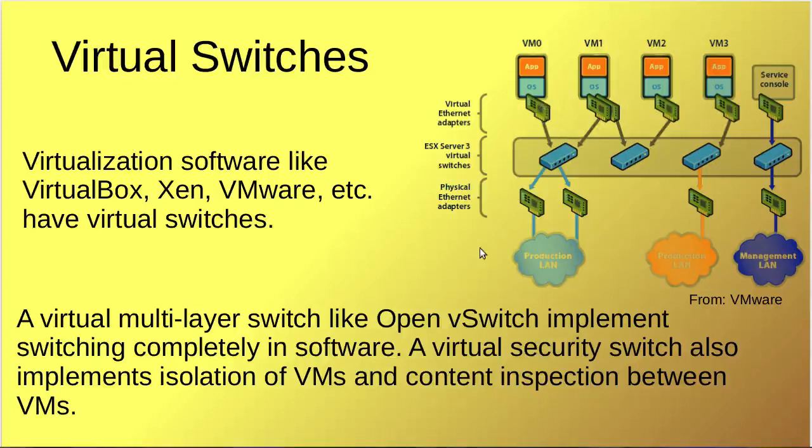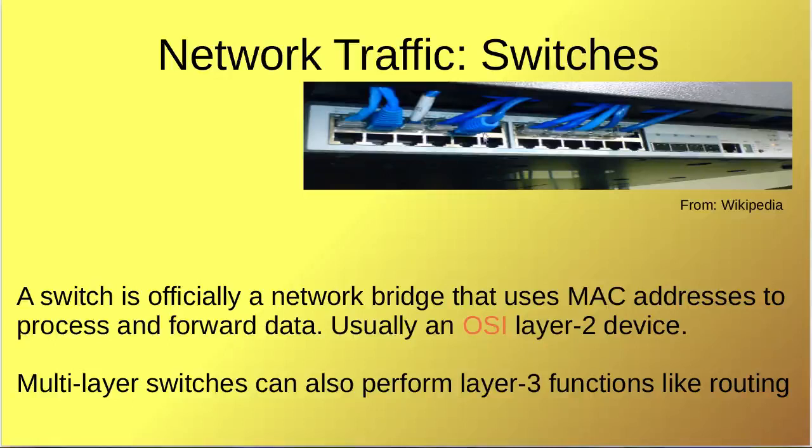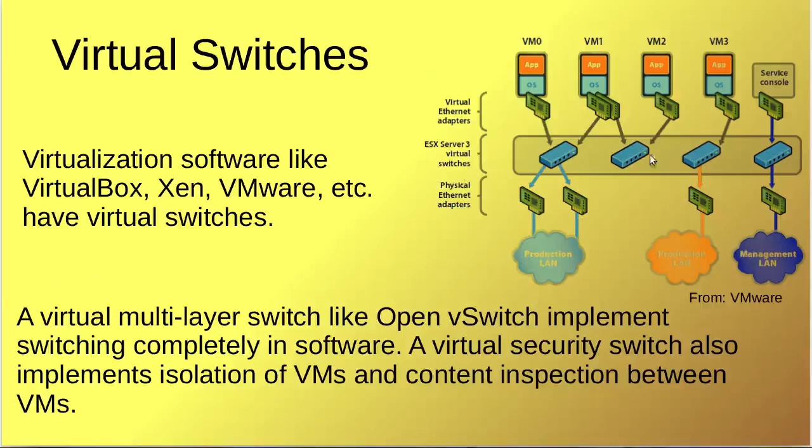I'm going to scroll back up to the previous slide. Physical computers are connected using cables, Ethernet cables in this case, or fiber optic cables. But virtual machines and virtual switches are just connected by memory. It's like a function call that emulates network interface cards and switches.